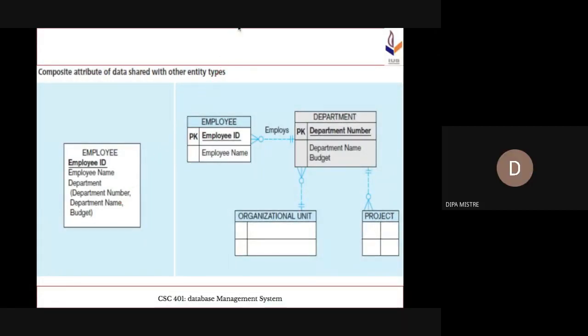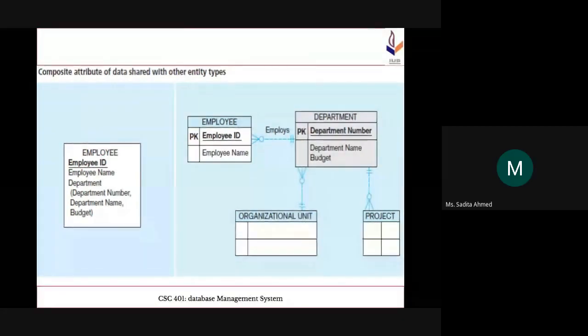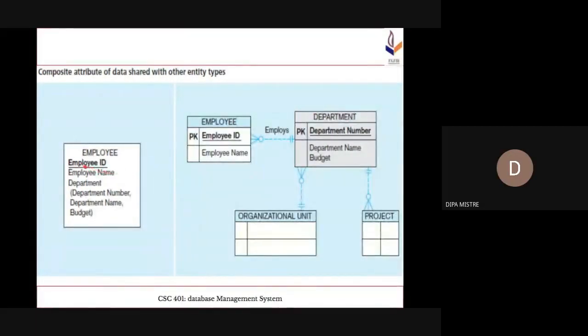Ma'am, does employee name fall under any attribute? Employee name is the name of the employee. I'm not sure what your question is, Diba. Ma'am, after employee ID, employee name, is that an attribute? That's right.